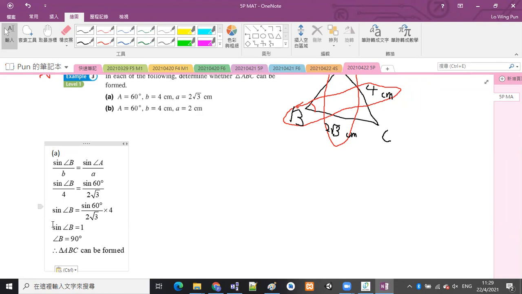You key in sine 60 degrees first, and then divide. Don't use the over, use the divider. Divide by bracket 2√3, and enter. And then multiply by 4. Yes, and then you get 1. Okay, just do it bit by bit to be better.